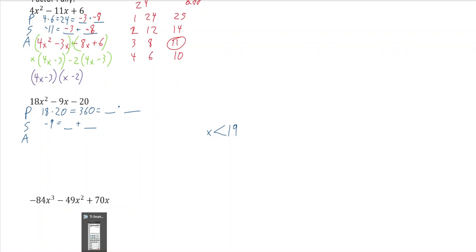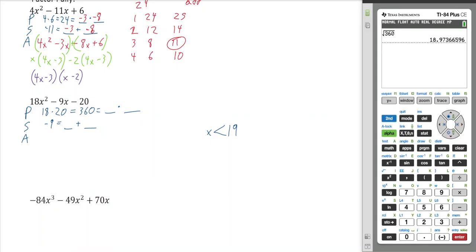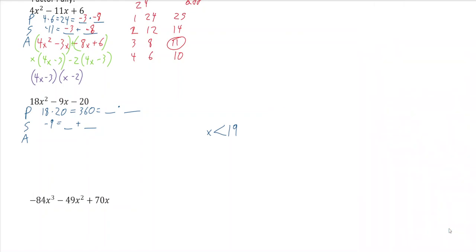And it's probably a number that's closer to 19, I would guess. So, I don't know, can we go 360 divided by 18? Does that give us an answer? It does. Okay, so I'm going to start on the other side, if you know what I mean.